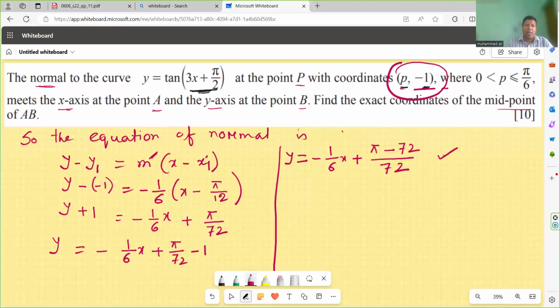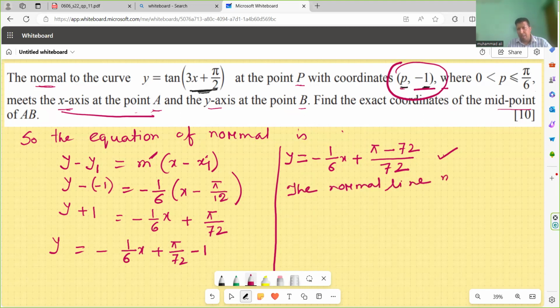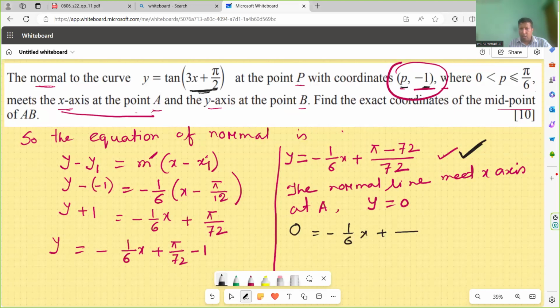So when this normal line meets the x-axis at the point A, at that point y equals 0. So we have to put y equals 0 in this equation of normal to get the value of x. So 0 equals minus 1 by 6 x plus (pi minus 72) divided by 72.